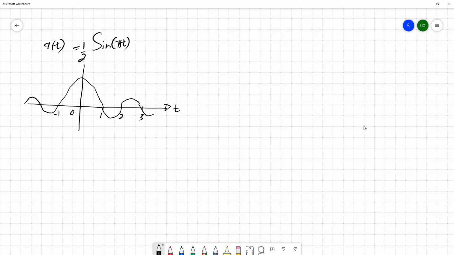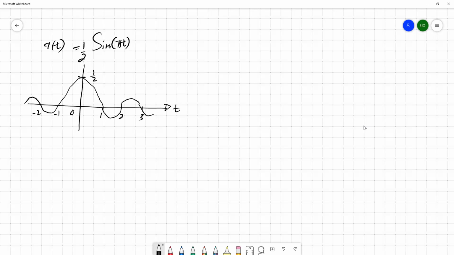This is -1, -2, and so on. Here it's half. So this is half sinc(πt). When t goes to 1, 2, 3 and so on, the sinc(πt) gets 0, and for t equals 0, sinc(πt) is 1, so the value at t equals 0 is half, not 1.